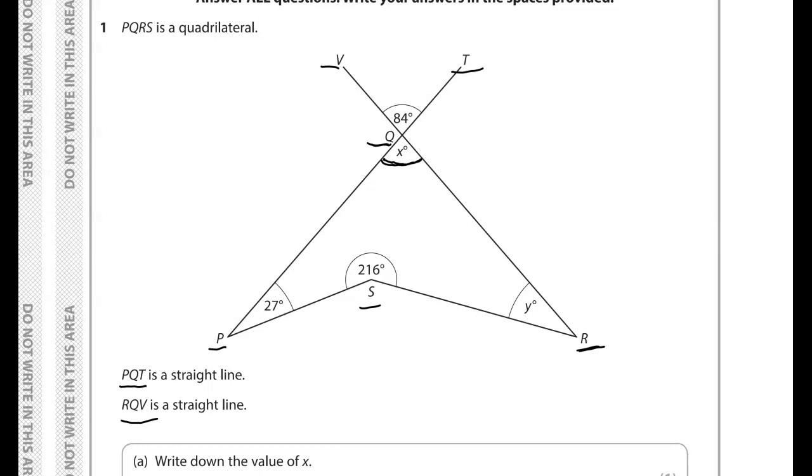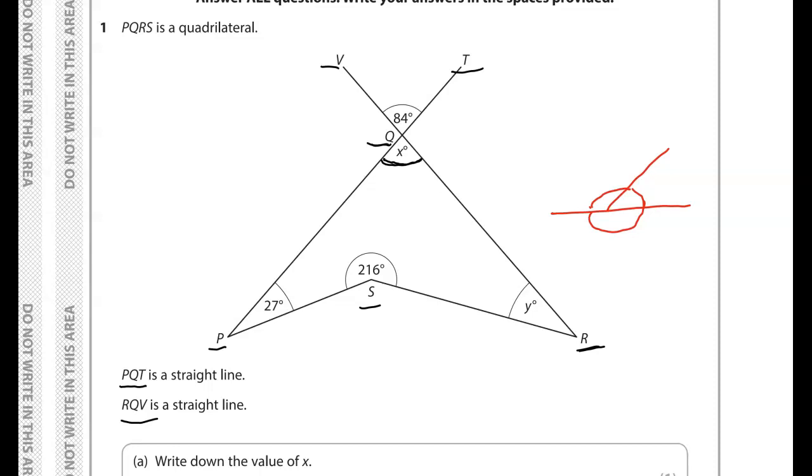So what we know is that angles on a straight line equal 180 degrees. So if we have a straight line here, this angle and this one equal 180 degrees, which is half of the 360. So we're going to use that to get the value for x.